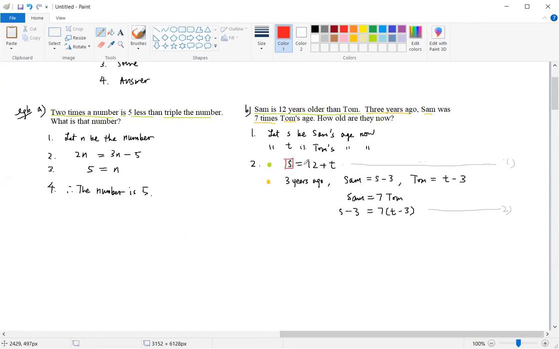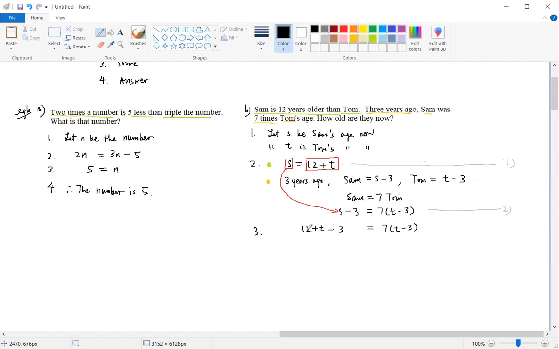The S block is equal to this block. So this S you can sub into here, then we can make 1 equation, 1 unknown. S being 12 plus T. So when I read this line, S minus 3, I'll write S, this is S, everyone: S minus 3 equals 7 times T minus 3.